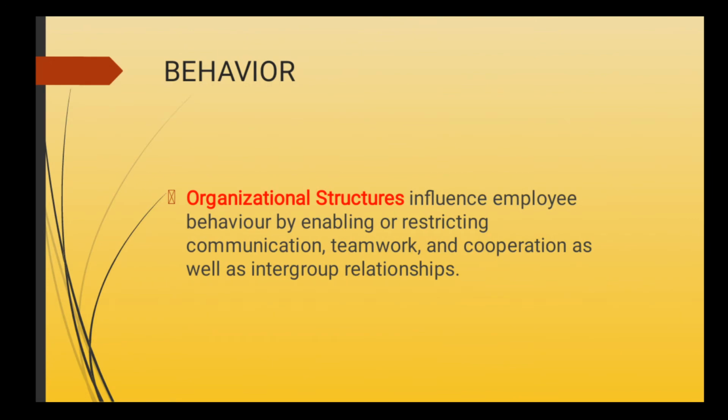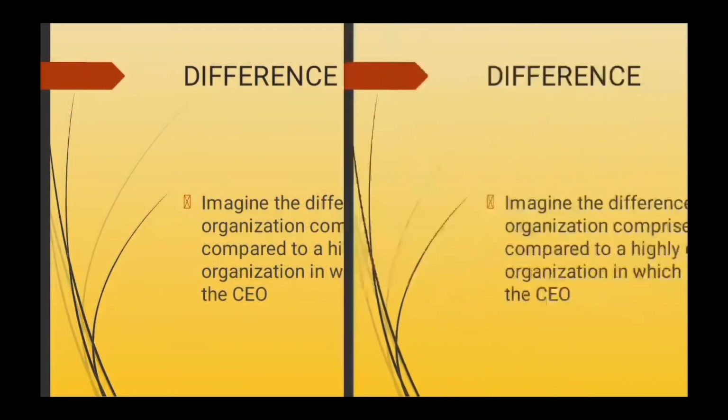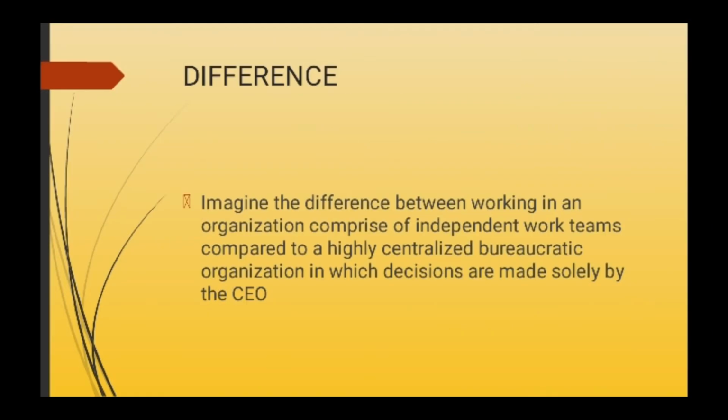As they grow, organizations must decide how to carve employees into subunits. This usually means grouping people in a way that somehow relates to the task they perform. Imagine the difference between working in an organization comprised of independent work teams compared to a highly centralized bureaucratic organization in which decisions are made solely by the CEO.